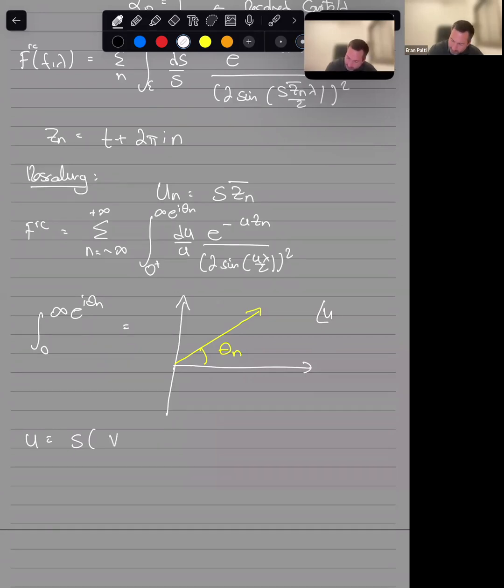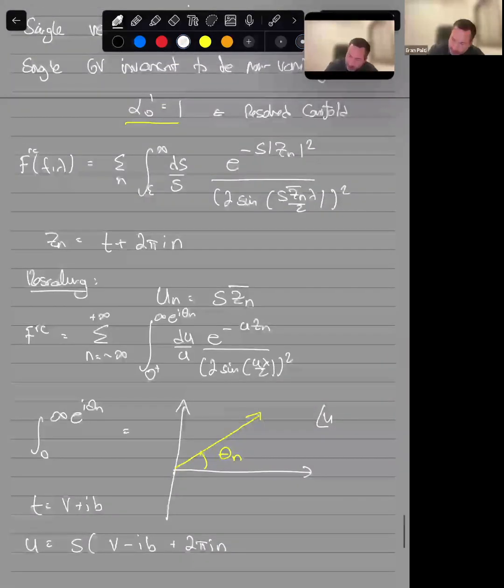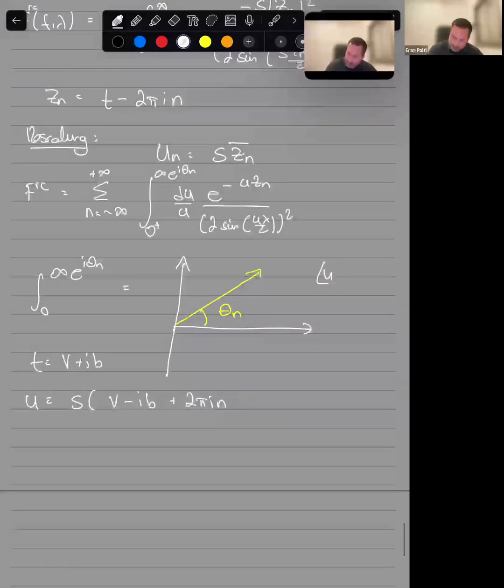And if I write things out, remember t is v plus ib, and so z bar is v minus ib. Sorry, let me just correct that. It's minus 2 pi in, and so now it's a plus 2 pi in here.